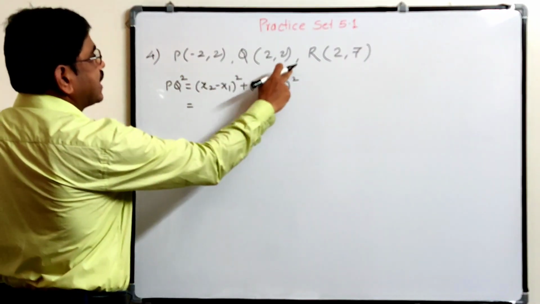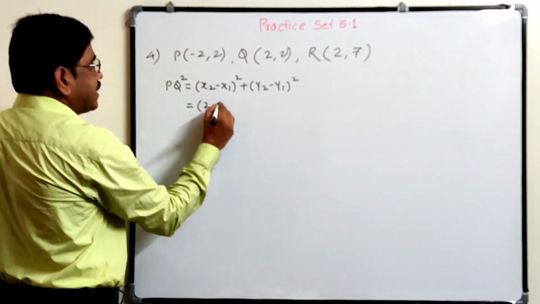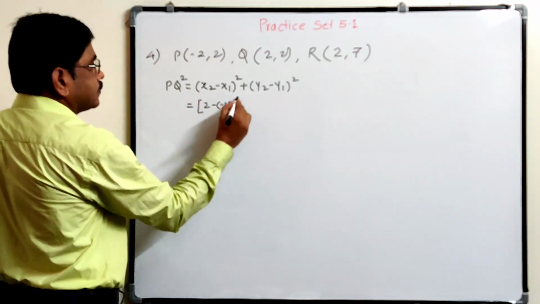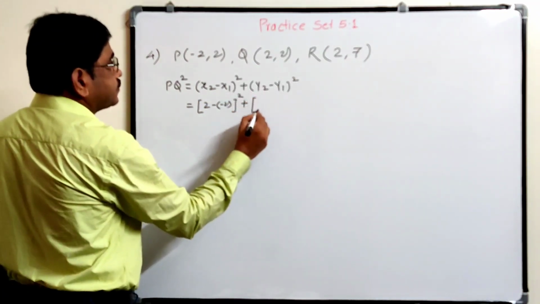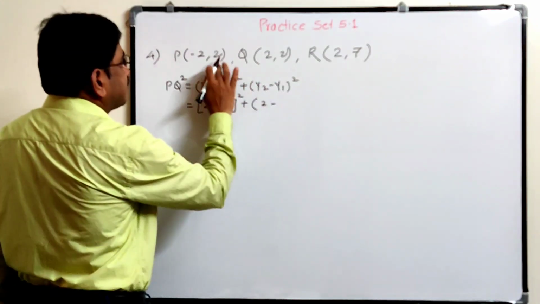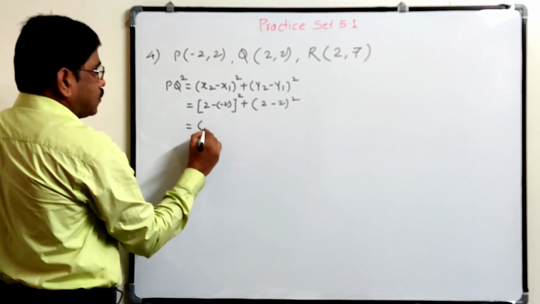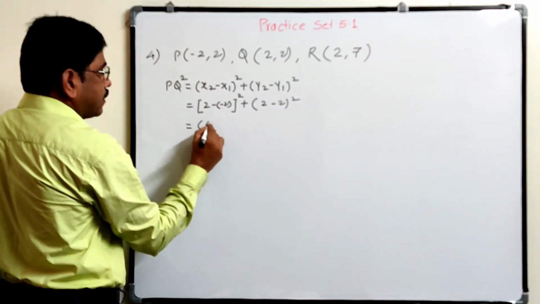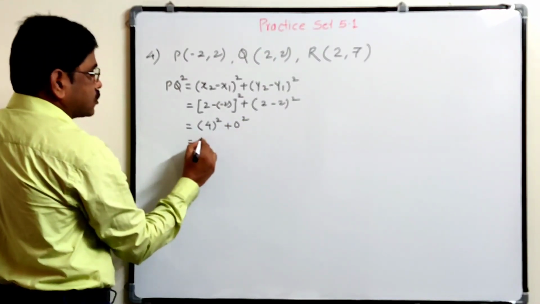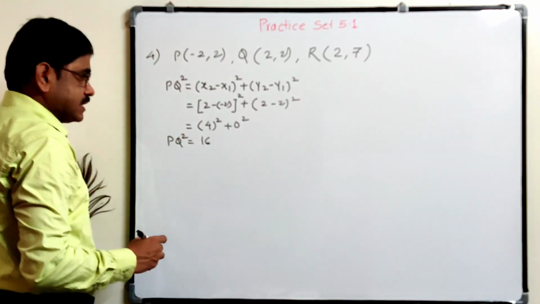These are P and Q. 2 minus (-2) bracket square plus y2 is 2 and minus 2 bracket square. So here 2 plus 2 is 4 square and here it becomes 0 square. So 4 square means 16. So we get PQ square is equal to 16.